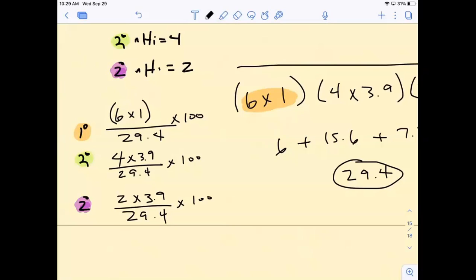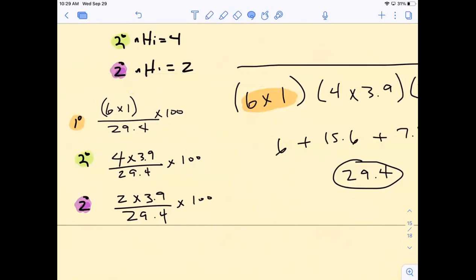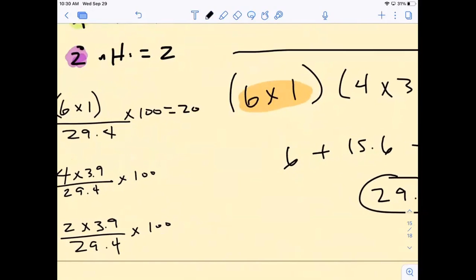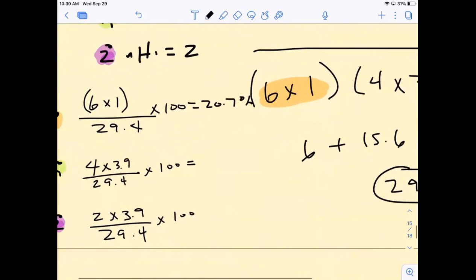Anybody got the primary calculated yet? It's going to be somewhere around 19 or 20%, isn't it? 20.7%. Good. And then this one is going to be close to 50, isn't it? 15.6 divided by 29.4 might be a little bit over 50. 53.1.